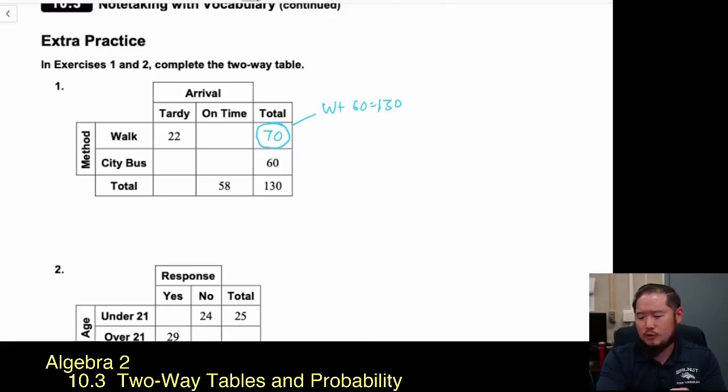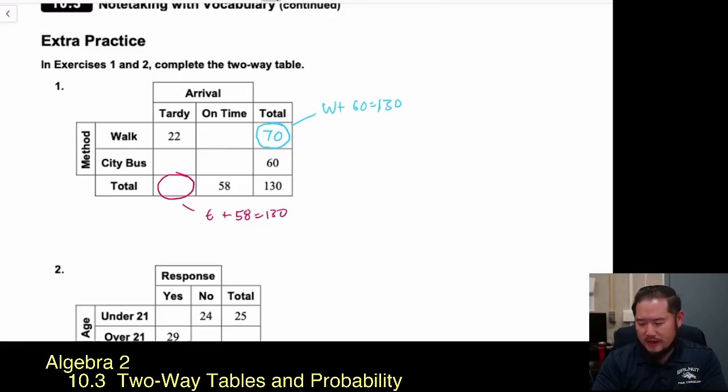70 plus 60 is 130. Another one we could figure out is the total number of tardies. If we think about the totals, everything in this last row should add up to 130. So total plus 58 is equal to 130.